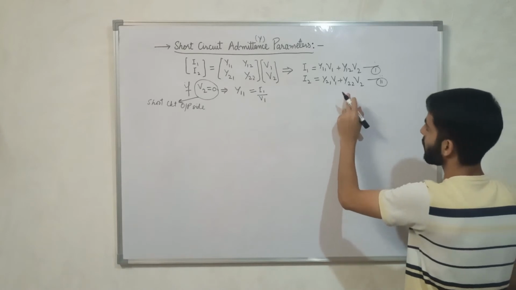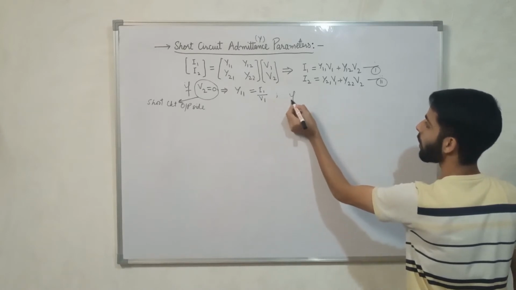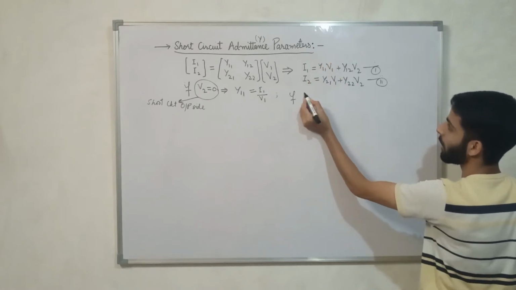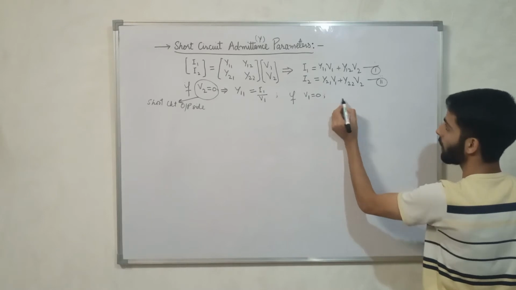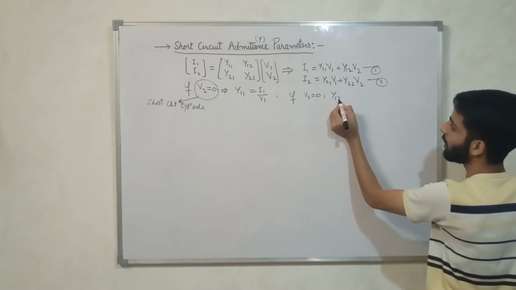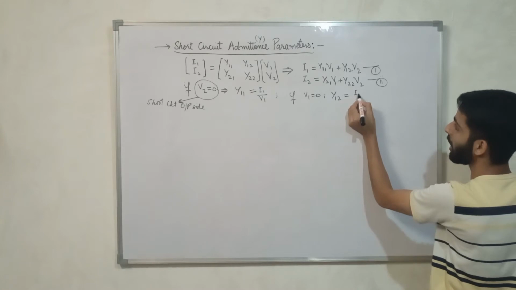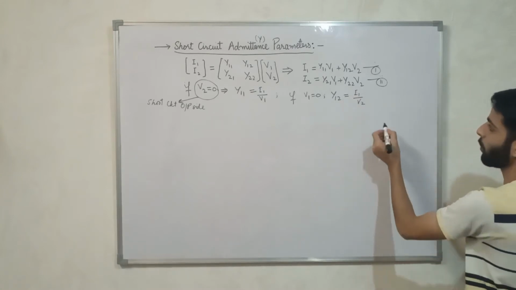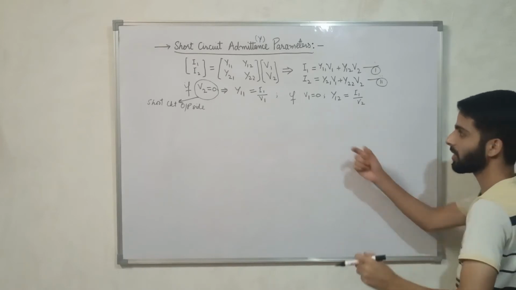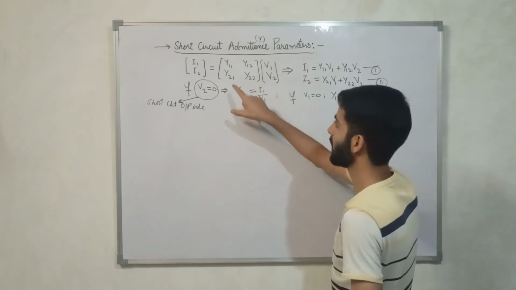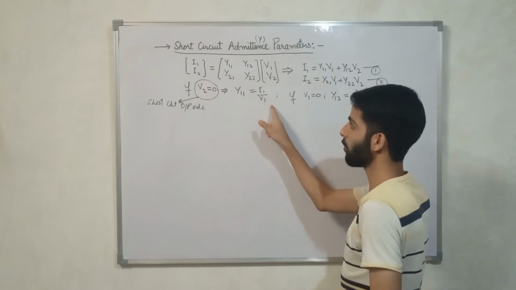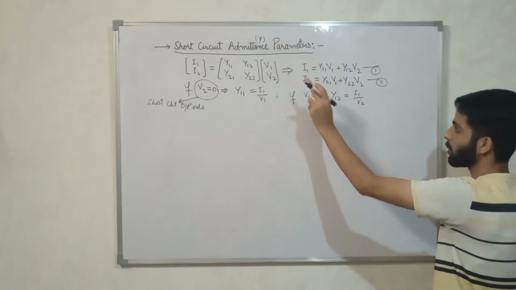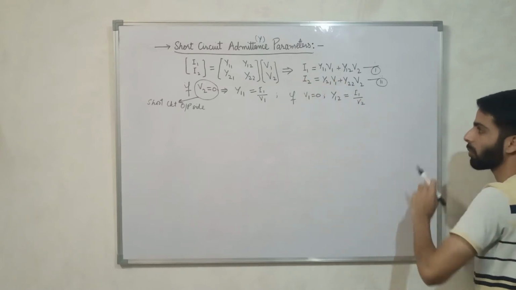Moreover, if we take V1 equal to 0, this expression will be 0, and ultimately y12 will equal I1 upon V2. You can see that in y11 the numerator and denominator both depend on the input side, but in y12 the numerator is from the input side and the denominator is from the output side.